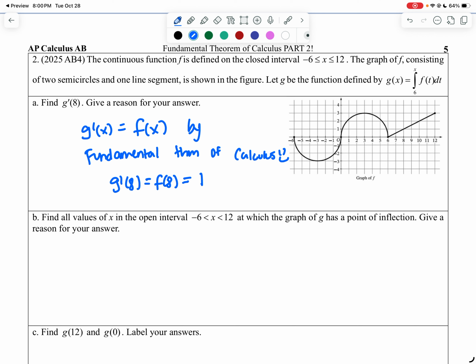Okay, in this case, you're given the graph of f, which means you have to justify this by whatever g prime is.